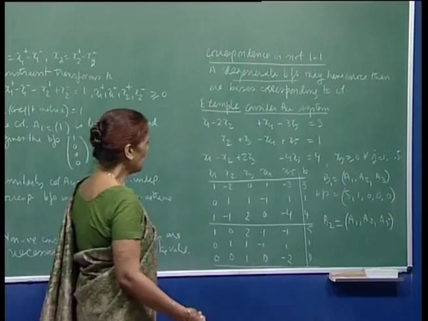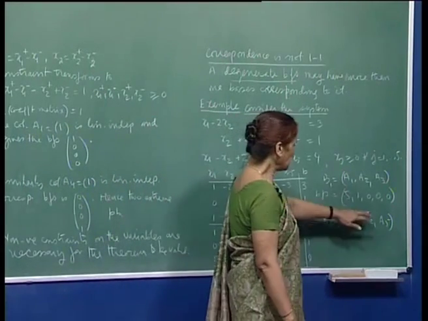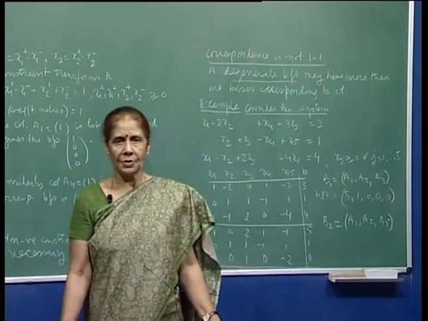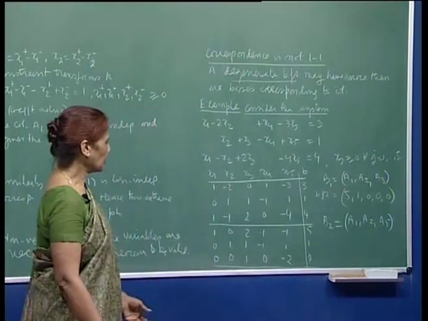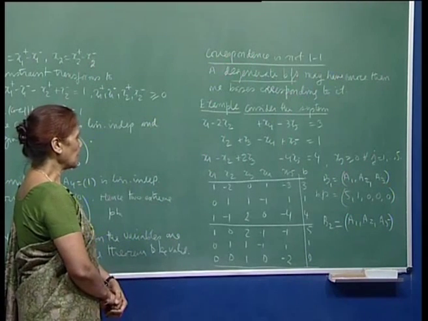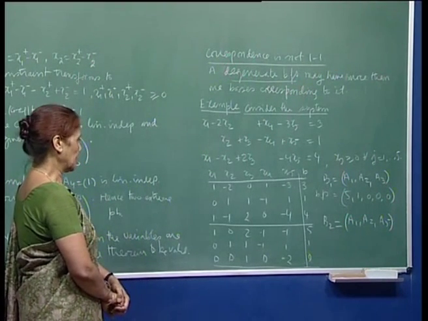Therefore, B1 and B2 give you the same basic feasible solution, and hence the extreme point will also not change, because your basic feasible solution has not changed, only the corresponding bases have changed.